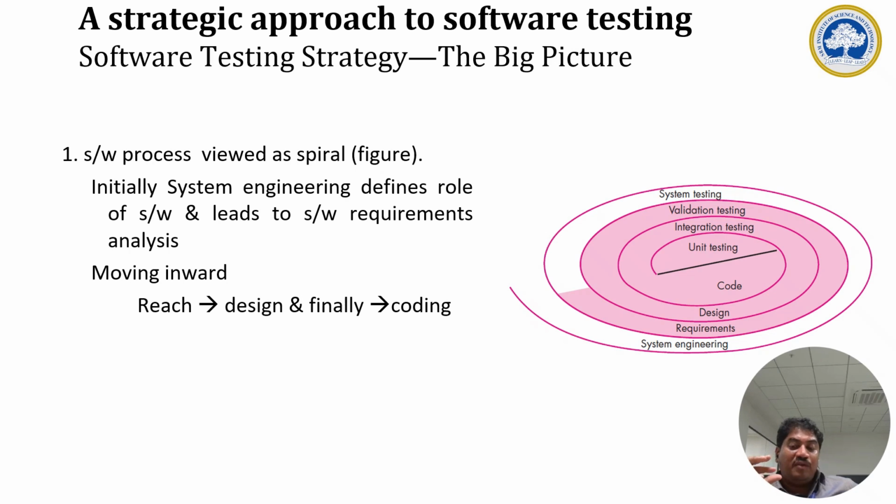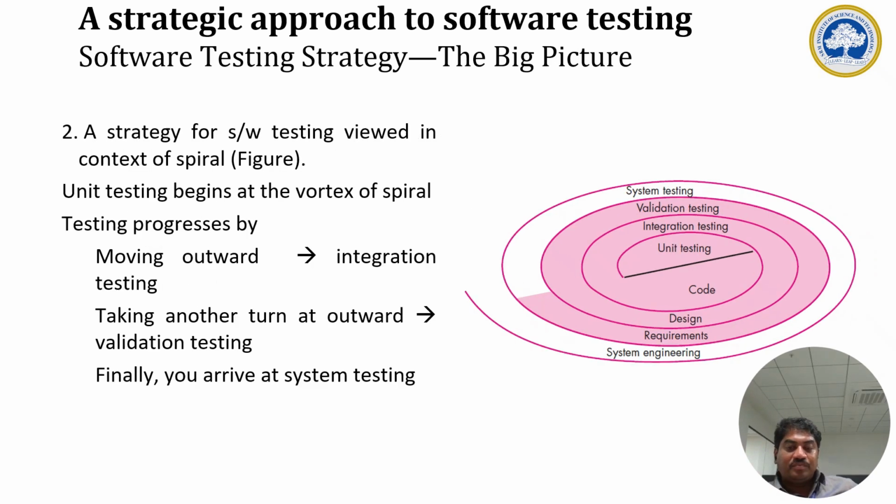So each level of the phases will be done with some kind of testing, like unit testing, integration testing, validation testing, and system testing. The strategy for software testing is viewed in the context of the spiral only, so it moves outward. Unit, then integration, then validation, then system testing.